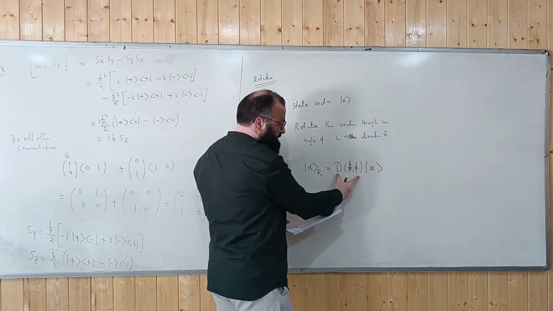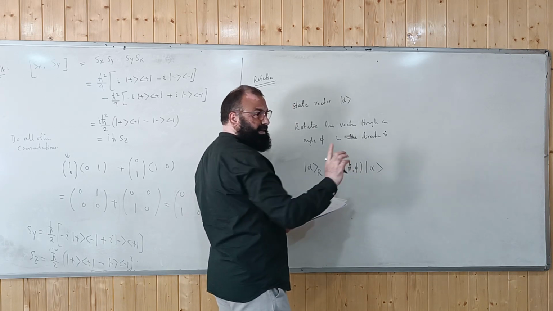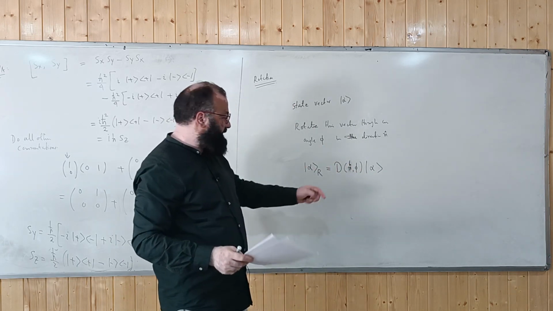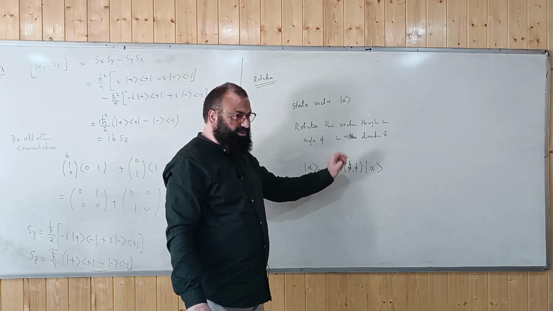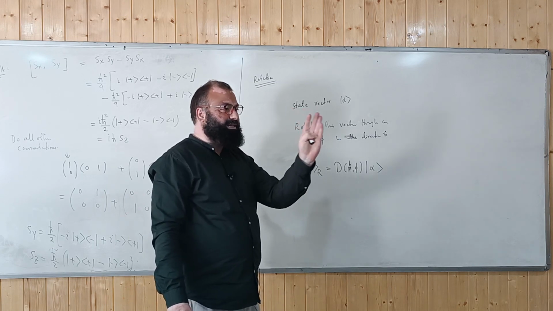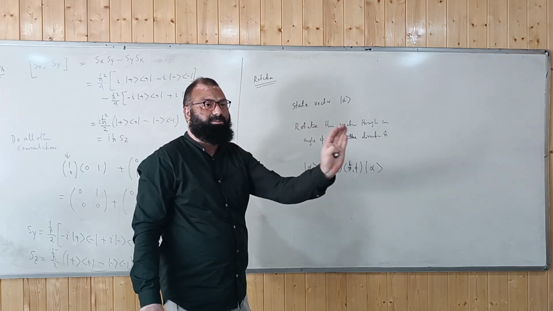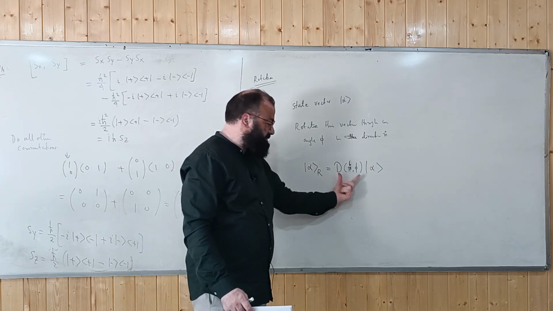This operator rotates alpha through an angle phi in an arbitrary direction n. So let's say n is equal to z. That means this operator will rotate your vector about the z direction. So there will be a rotation in the xy plane.